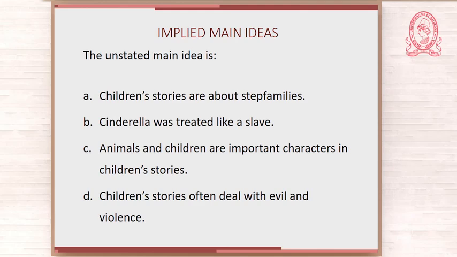And finally, letter D. The fact that children's stories deal with very mean and violent behavior could surprise people, since many think such themes are not suited to children. And all of the examples in the paragraph are about children's stories that include evil and violence. Thus, statement D expresses the implied main idea of the paragraph.